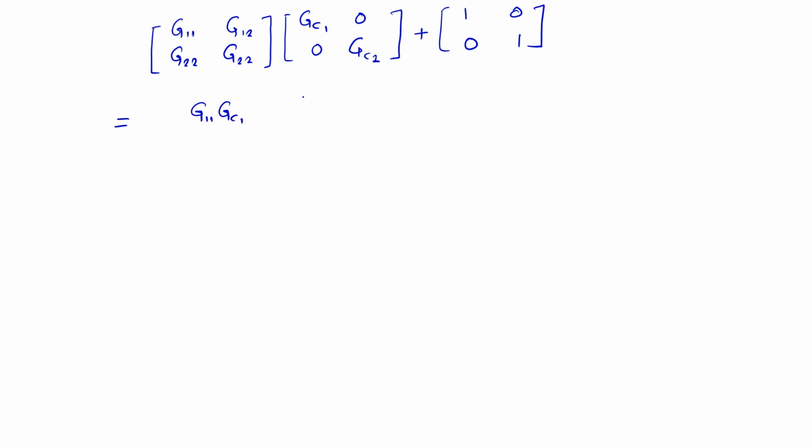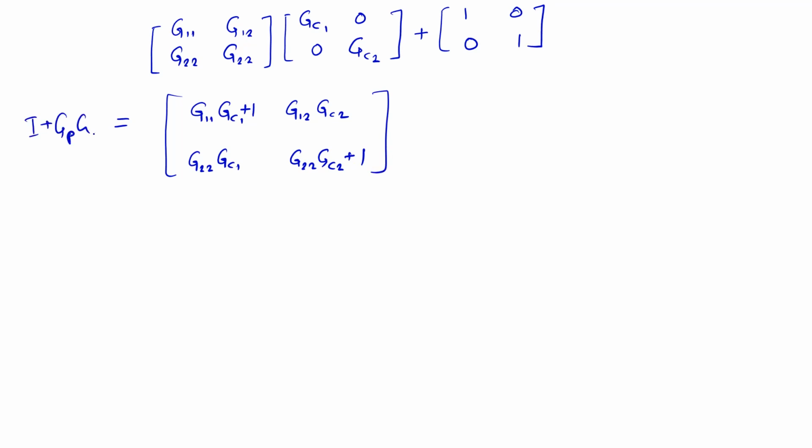This into this plus this, so that's G12 GC2, and this one is going to be G21 GC1, and that one is going to be G22 GC2, plus 1 plus 1. So this is the matrix I plus GPGC.